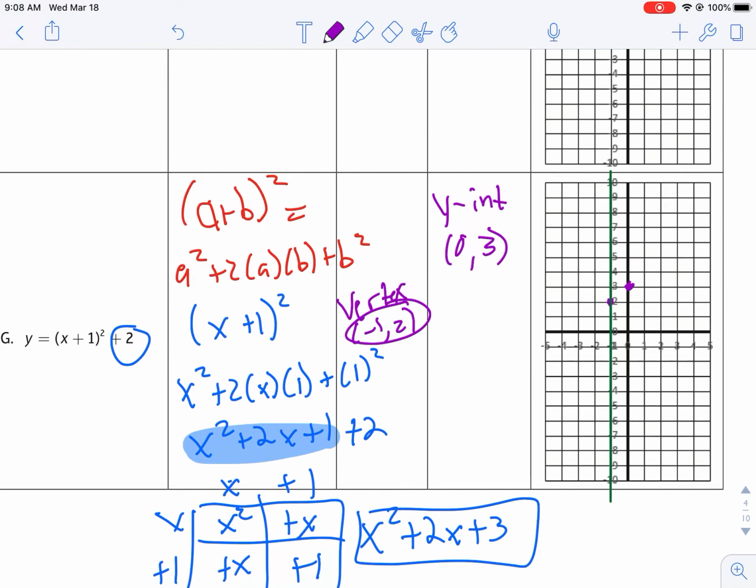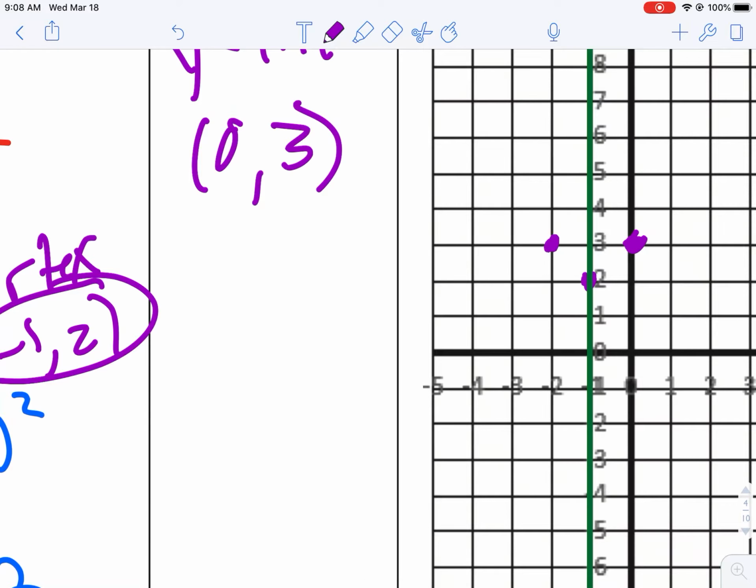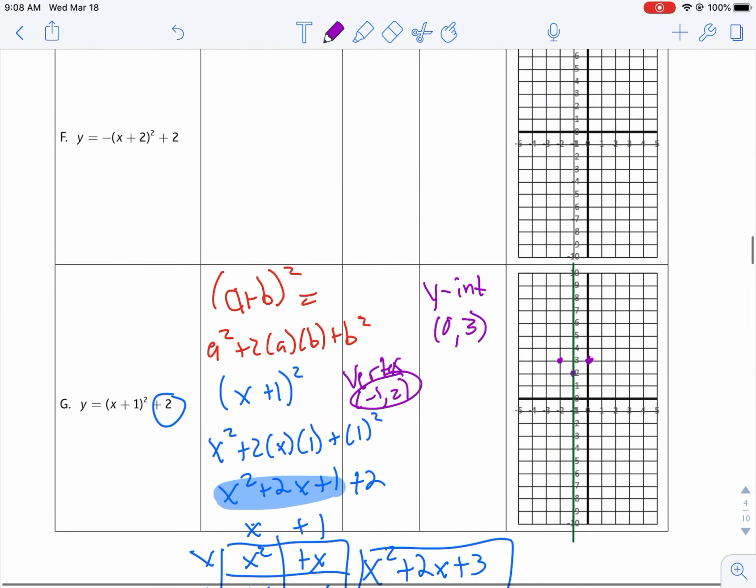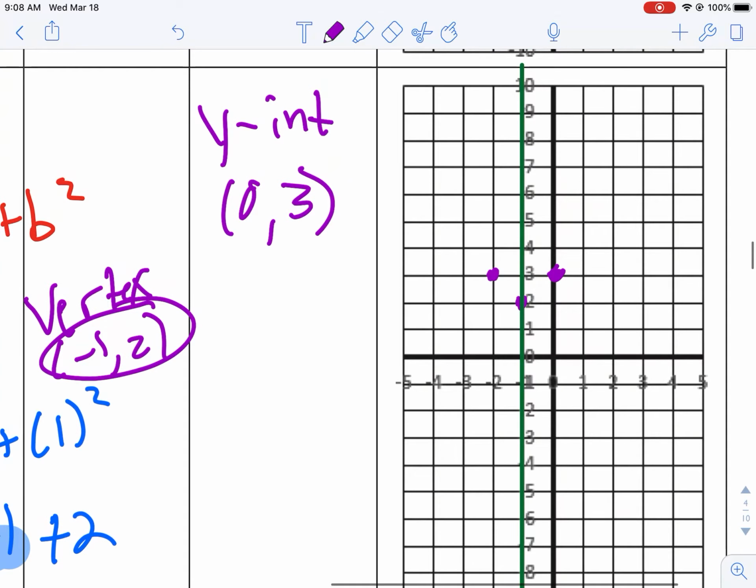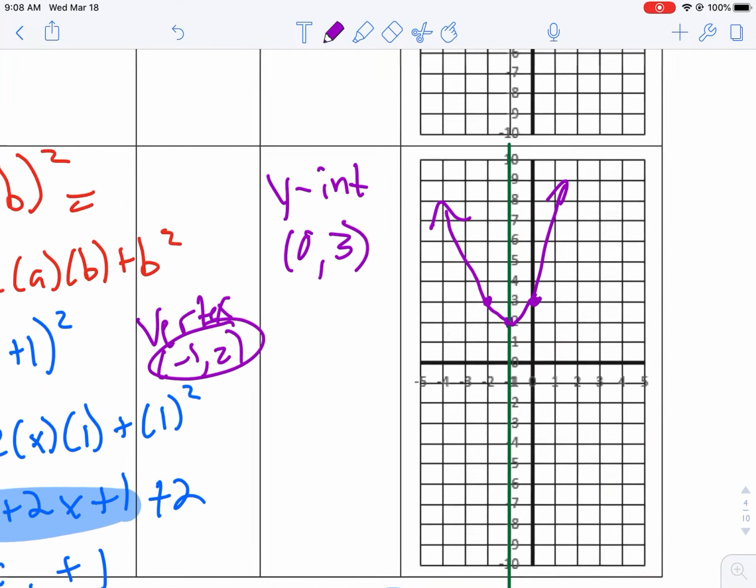And by that property of symmetry, I know that there's going to be another point on this side of the vertex. Again, this concavity is upwards, it's positive, so I have my 3 points, I have my vertex, and I can draw my parabola.